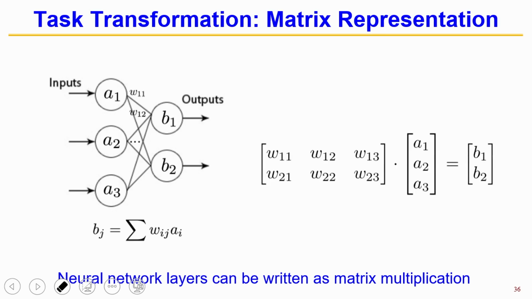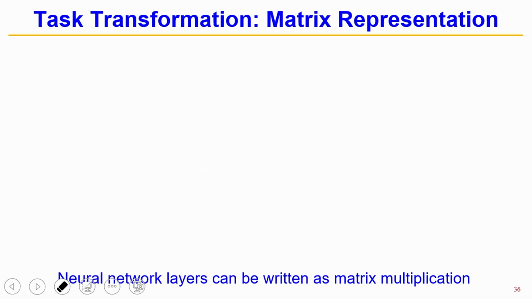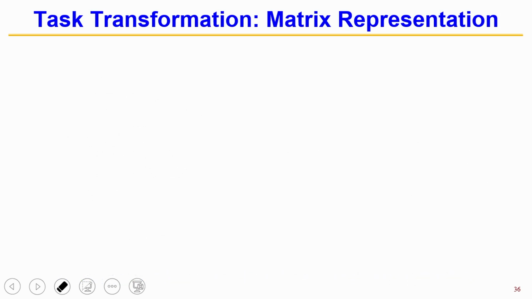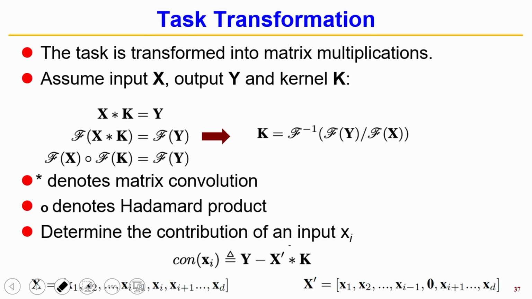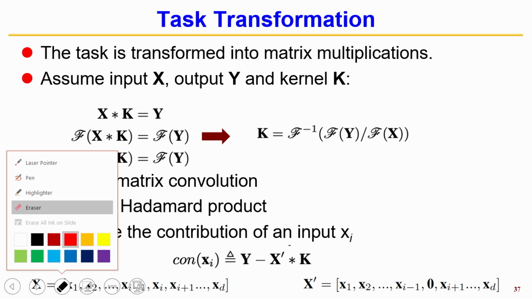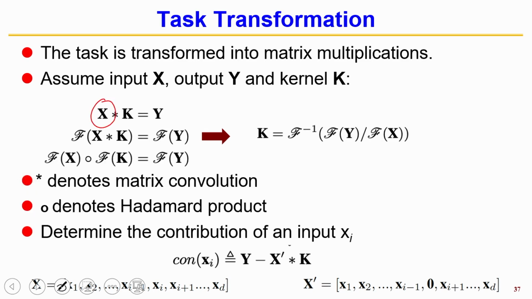That boils down to some weight matrix, and this is the corresponding node values matrix. To compute whatever result you are trying to compute, that is the matrix multiplication you are computing. That is the matrix representation, and when you are transforming task representation, remember we are multiplying, this is the input x.